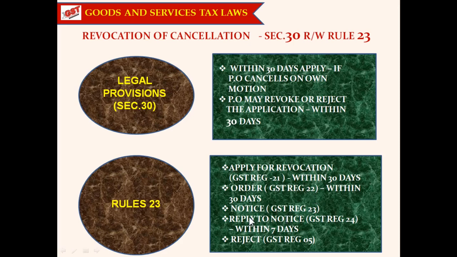And if there is any clarification, the proper officer will give a show cause notice in form GST REG 23. Then you have to reply to the notice in GST REG 24 within 7 days from the notice.